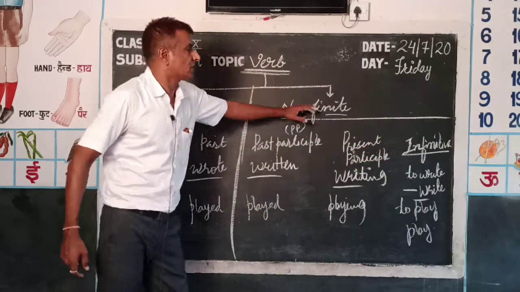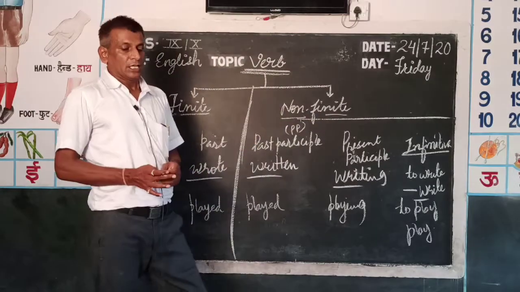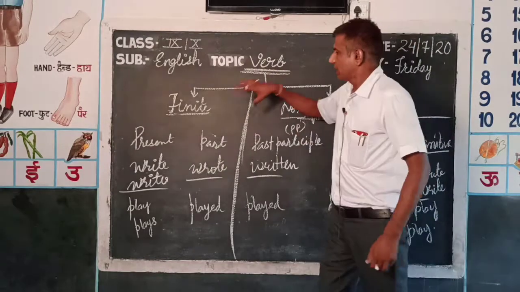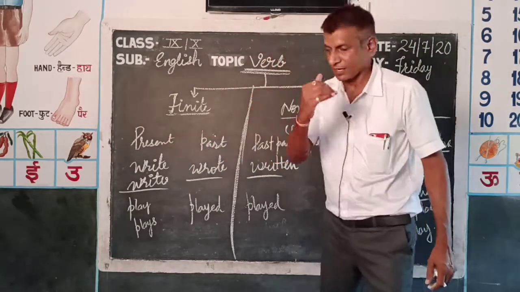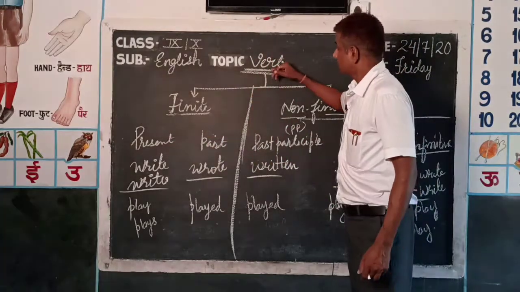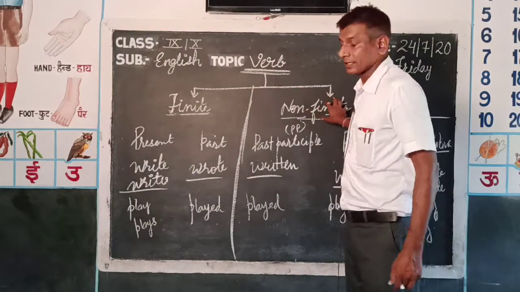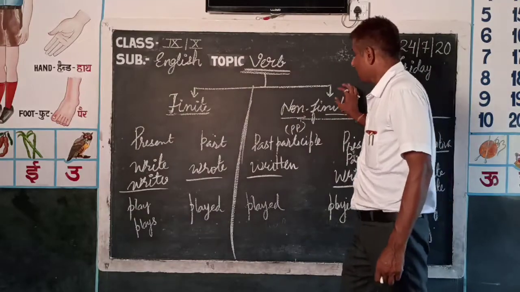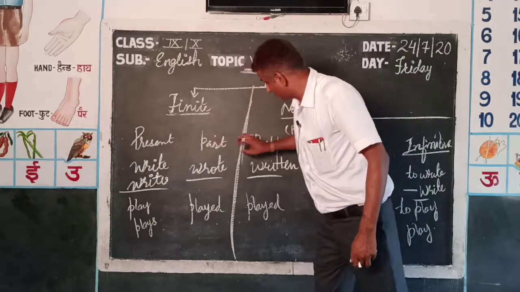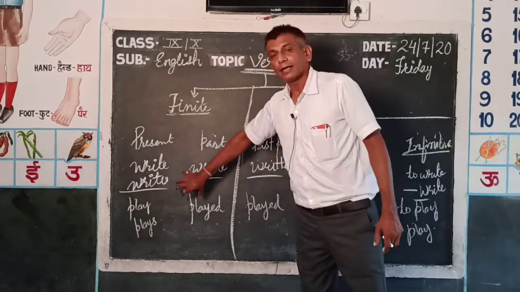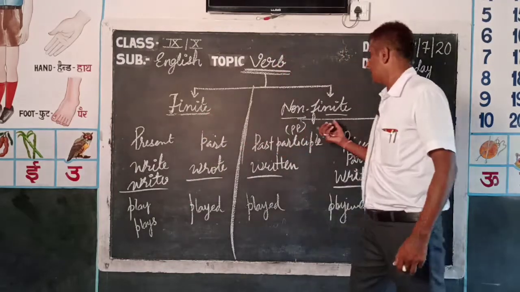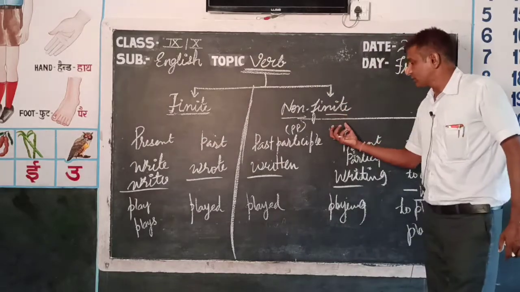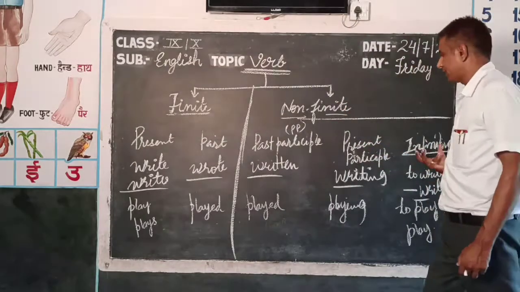These 3 forms are called non-finite verbs. So for today's class, you should remember the verb categories and forms, what is finite and non-finite verb, and what forms we keep in finite and in non-finite.